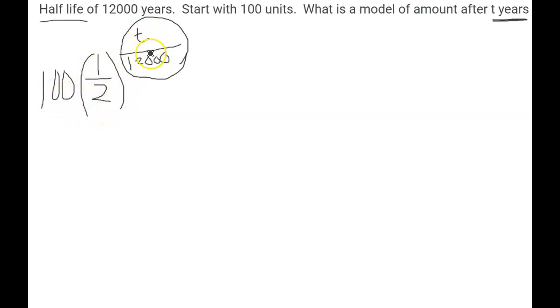That means we want this number circled to be a 1 after 12,000 years. And that's exactly what it is, right? Divided by 12,000, the number of years. If it's 12,000 years divided by 12,000, you get a 1. And so you get 50 at T equals 12,000.